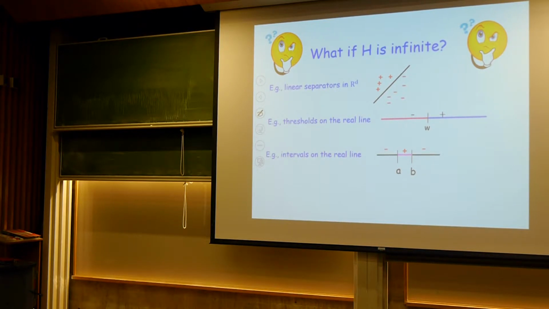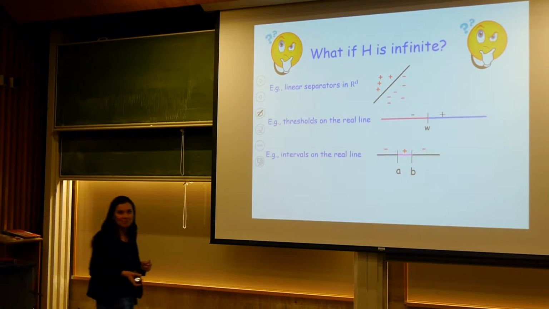The simpler question is: I have a fixed class of functions like linear separators, and I'm curious to know how many samples I need to see so that I can guarantee that, uniformly for all linear separators, their true error is close to their empirical error. The first question is, can I even guarantee something like that? Because if I cannot, there is no hope for me to answer your question. So for today, let me answer this simpler question, and we'll come back to that one.